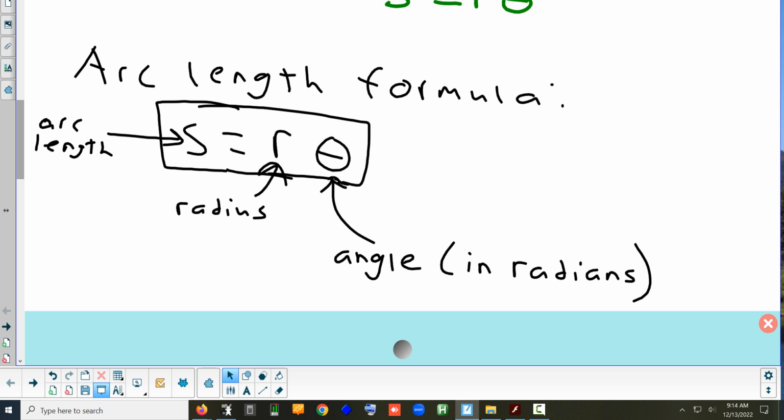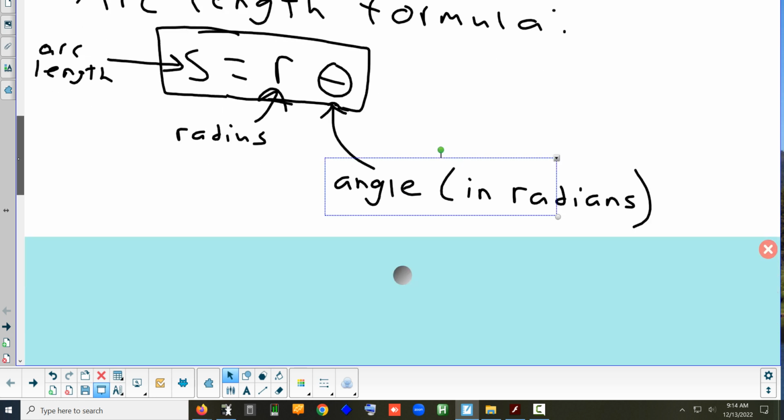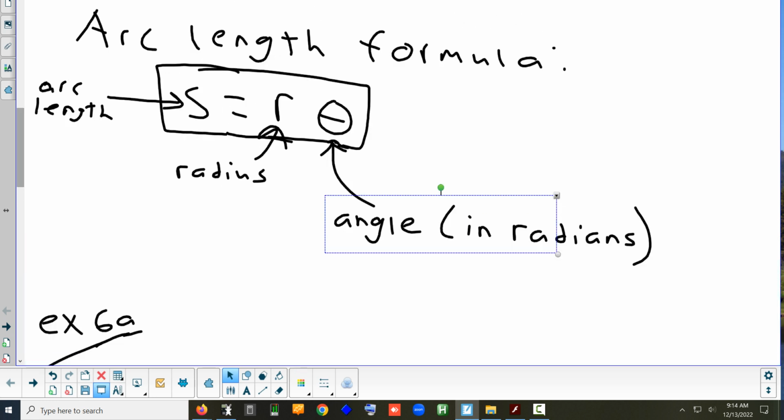So the formula is S equals R times theta. S is your arc length, R is the radius of the circle, and theta is the angle in radians. And the way it works is you will always be given 2 out of 3 of the letters in that formula, and then you have to solve for the third one.